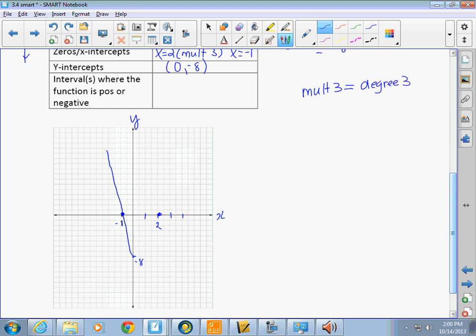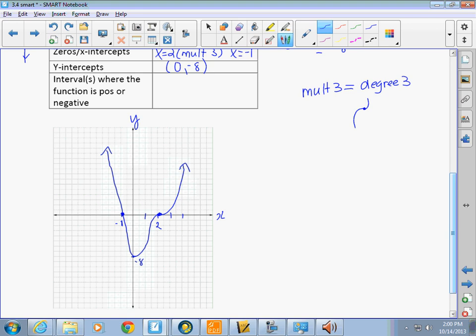And a polynomial function with a degree of 3, if you look on your chart, means that it has to do this. So at one point it's going to cross and be tangent. So that means here at 2 it's going to go like this, and then it's going to go down like this, and I have to go back and cross through that 8.